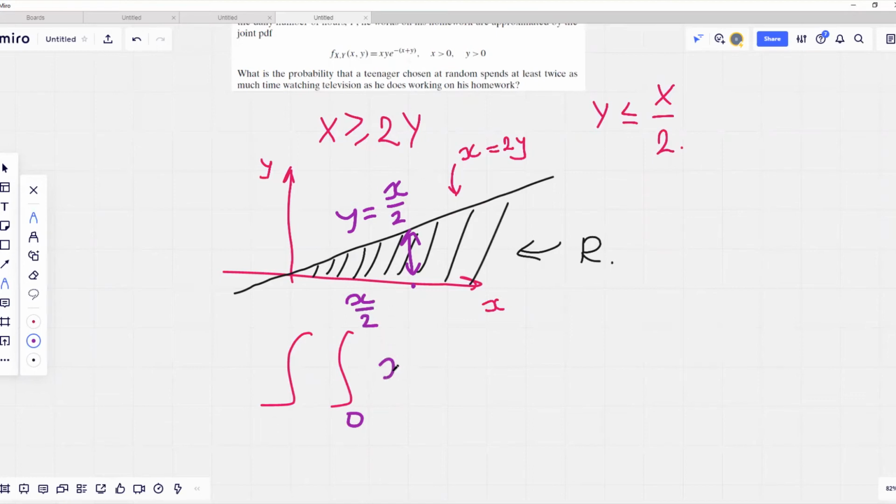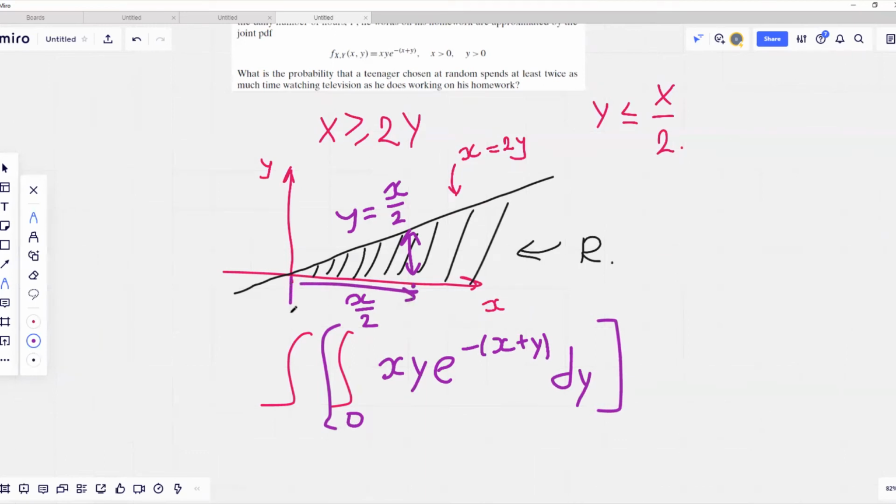The PDF is given as xy e to the power of minus (x plus y) dy. And values of x are running from 0 to infinity, dx.